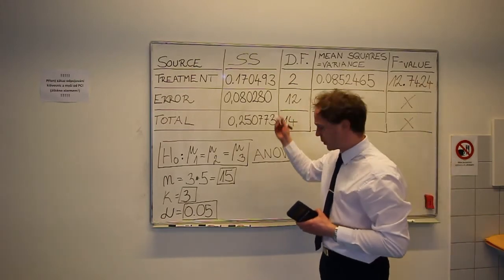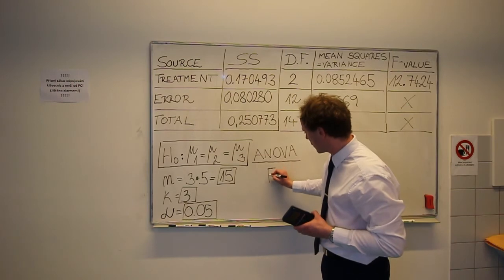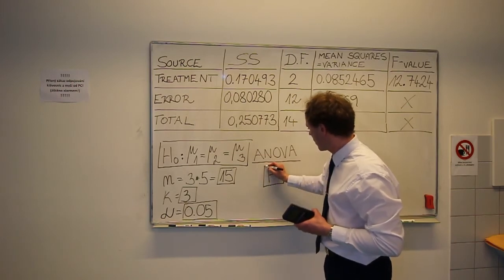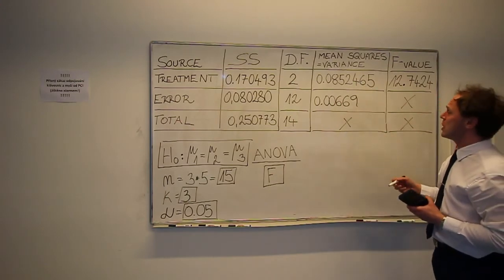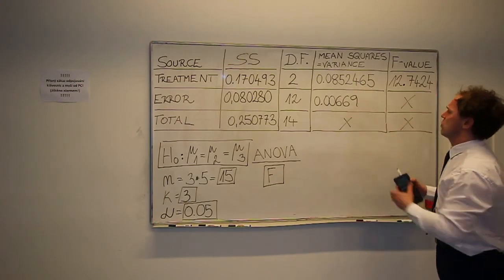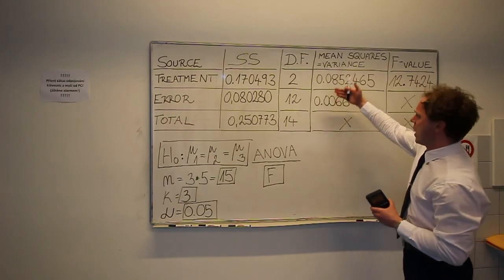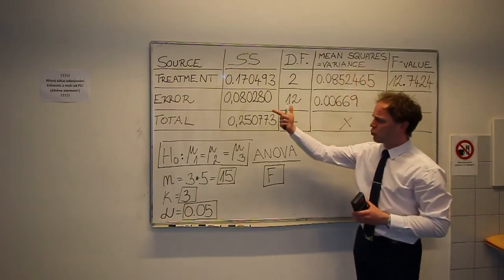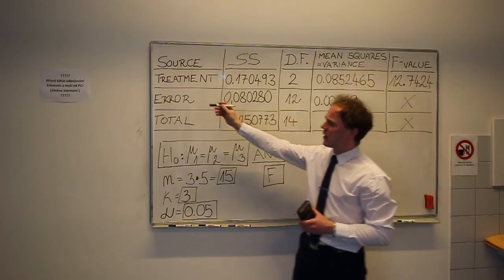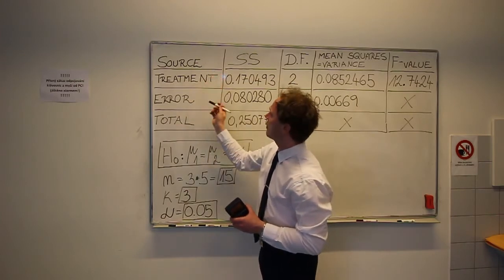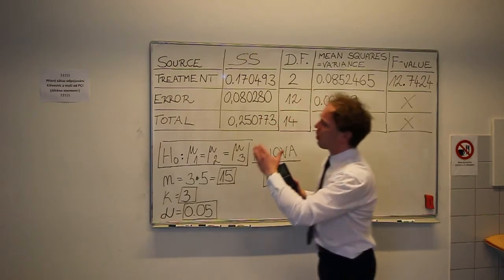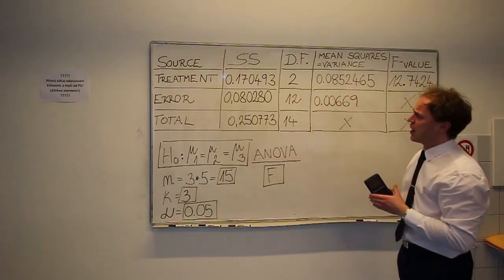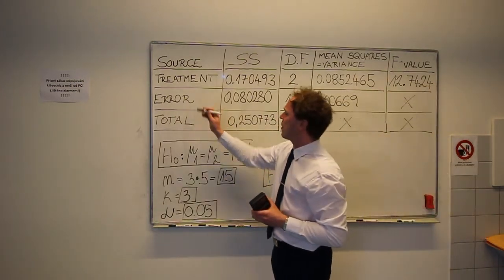Because our decision is based on the Fisher F-test, and you need to calculate the ratio of two variances, treatment and error variance, which can be called between group variance and within group variance.